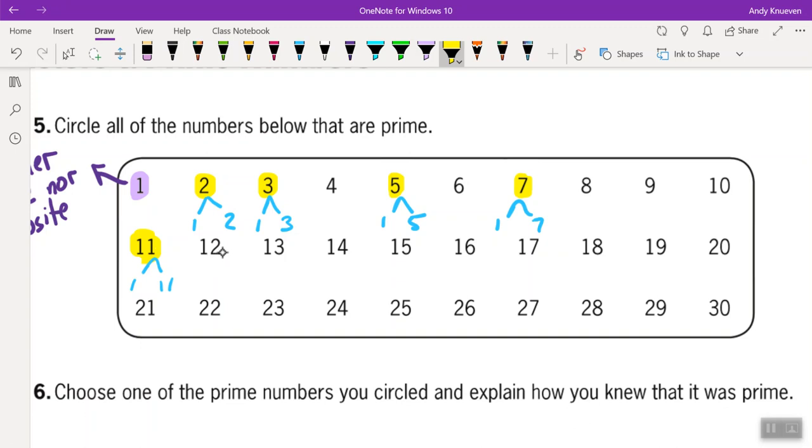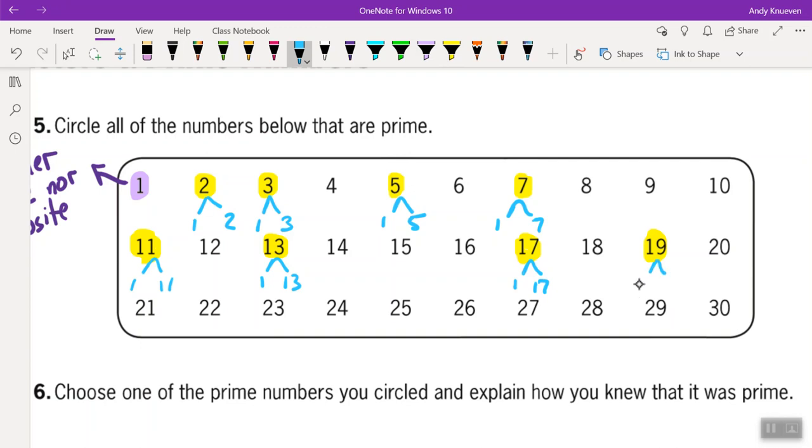12, nope, 2 and 6. 13, yes. 1 and 13. 14, no. 2 and 7. 15, no. 3 and 5. 16, no. 2 and 8. 17, yeah. 1 and 17. 18, nope, because I can multiply 2 times 9 and get to 18. 19, yeah, 19 is prime.